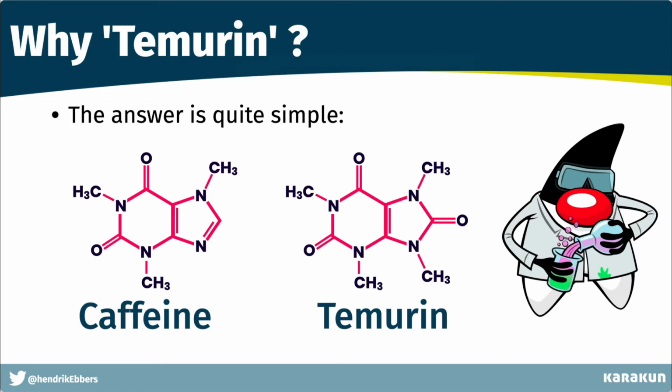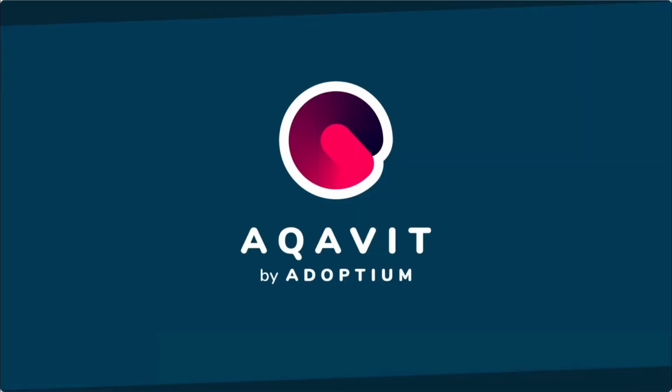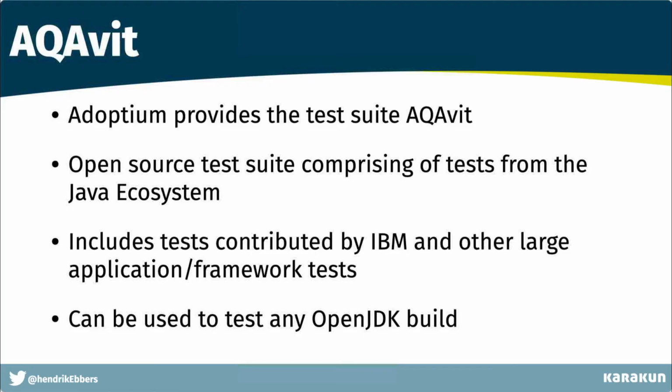Next to Temurin, we've already started other projects within the Adoptium working group. One that I would like to give you a short introduction to is AQAvit. AQAvit is a test suite for Java binaries. And by using AQAvit, you can test OpenJDK-based builds.